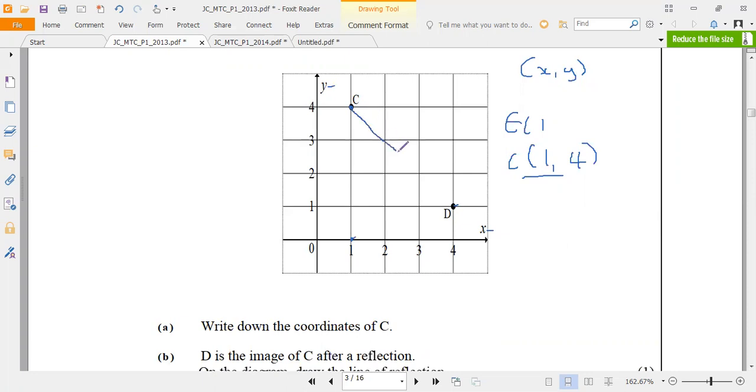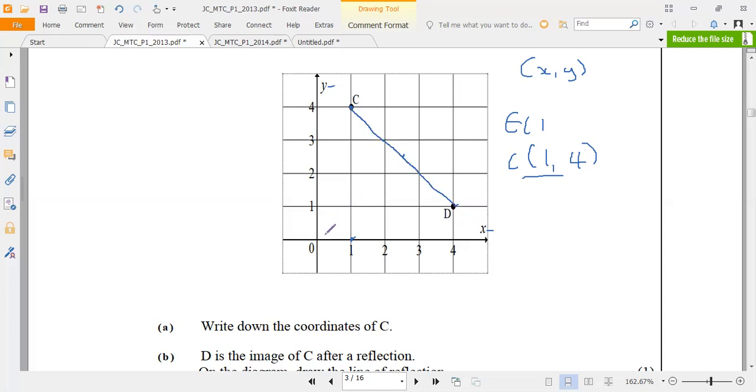So first of all, if we connect the two points C and D, the line of reflection should pass through the midpoint of the line CD, because under reflection, image distance should be equal to object distance. So that's why I'm first connecting C and D. Then the line I draw must pass through the midpoint of CD, which is around here.